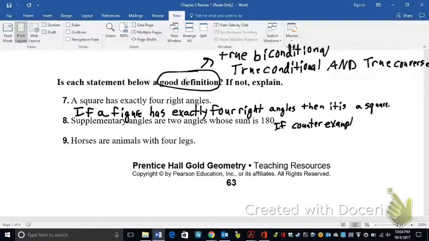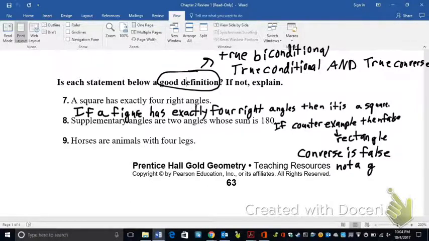Okay, so if there's a counterexample, then it's false. So a counterexample here would be a rectangle. A rectangle has 4 right angles but is not a square. Okay? So the converse is false, so it is not a good definition.